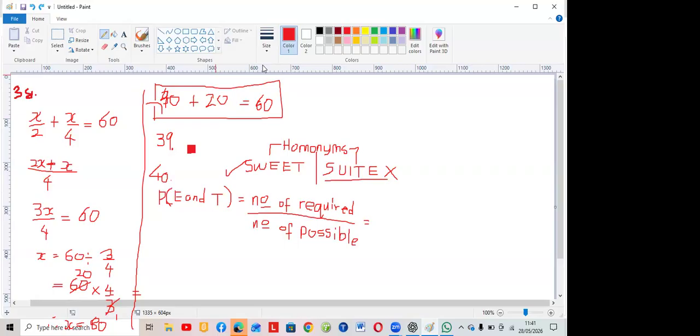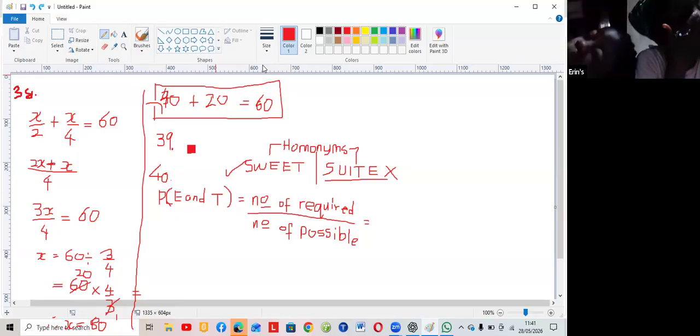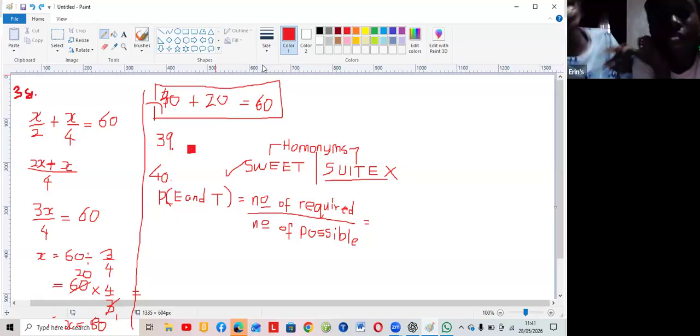Now, I want to say something here. Whenever they put "and" in probability, it usually implies something. Multiplication. What did I say? It usually implies something. Multiplication. Who was it that just said multiplication? Because that was not all I said.